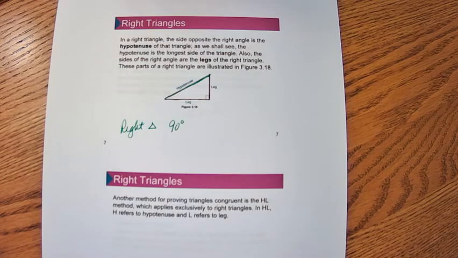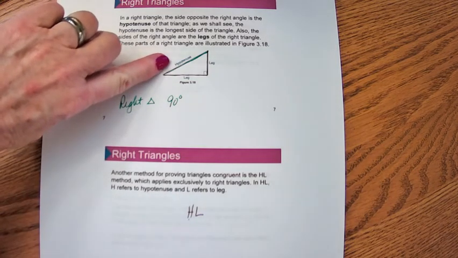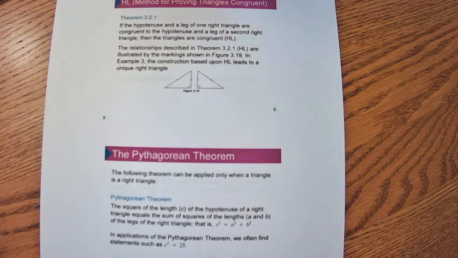Right triangles are the only triangles that have a hypotenuse and sides called legs. Typically, any triangle that's not a right triangle will just have something called sides.